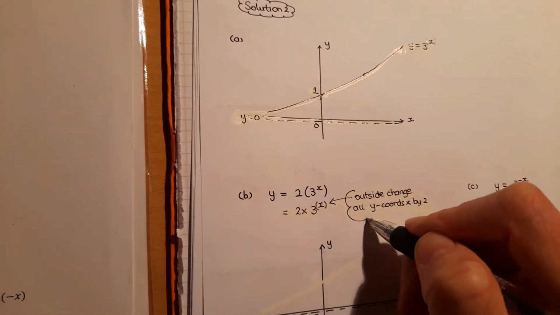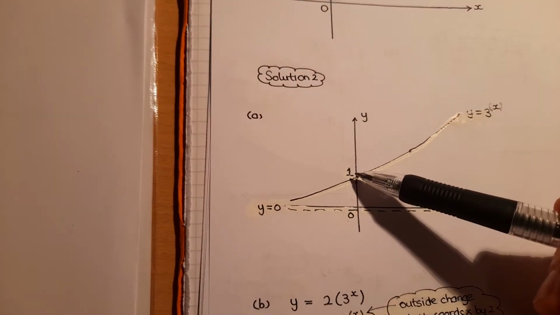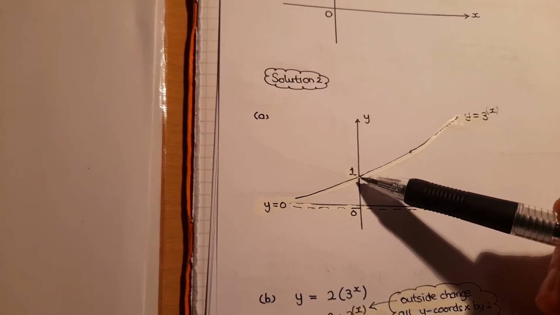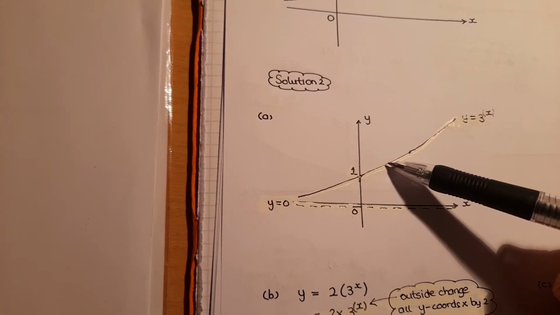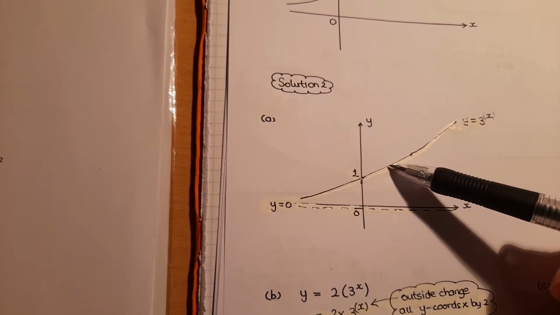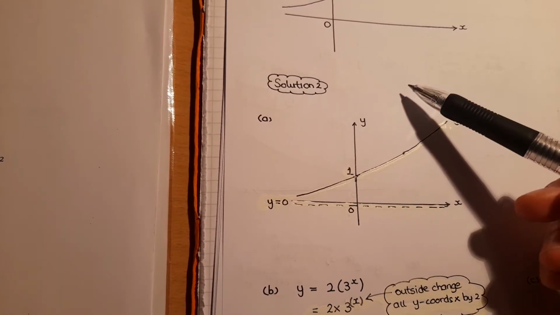Now, if we go to the original graph, the y coordinate at this point is 1, it's being doubled, so it's going to be higher up, it's going to be a 2. Again, take this point here, there's the y coordinate, that is going to be doubled, so that's going to be way up there. So you can see it's going to rise quite sharply.